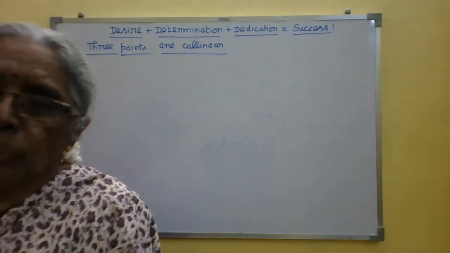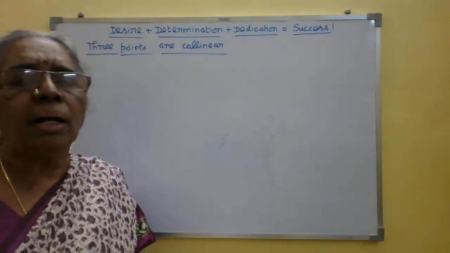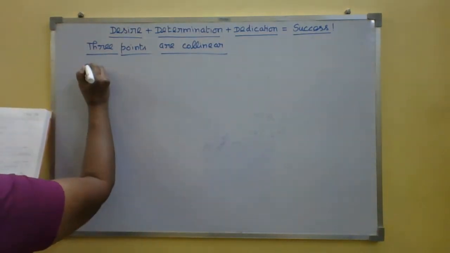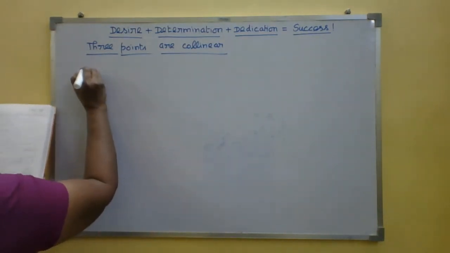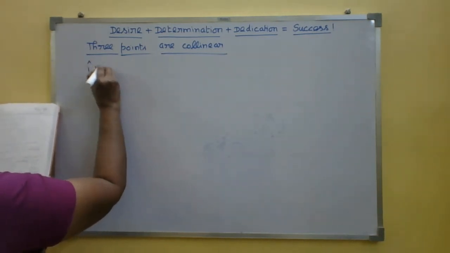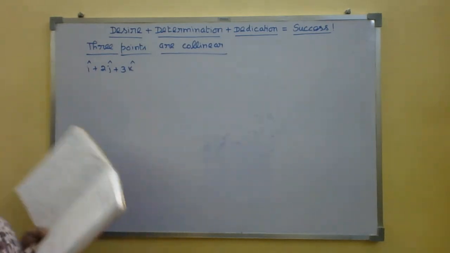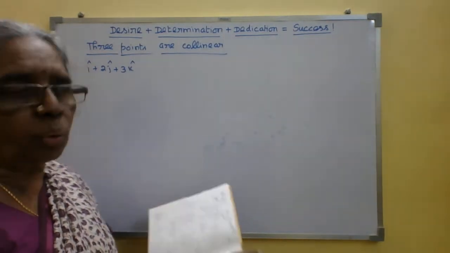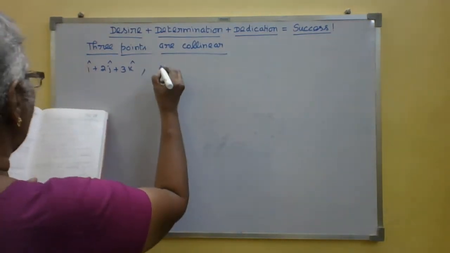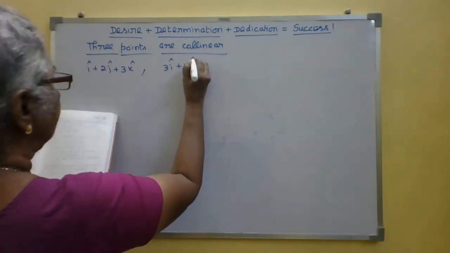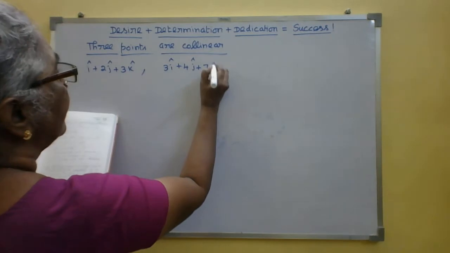Now, they can give the points either in Cartesian or in vector form. So now the 3 points given to you are, one point is i cap plus 2j cap plus 3k cap. They can give it like a position vector. That also means only a point. The second one they have given is 3i cap plus 4j cap plus 7k cap.